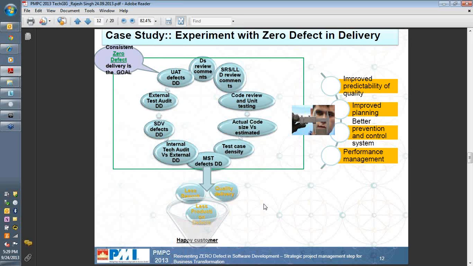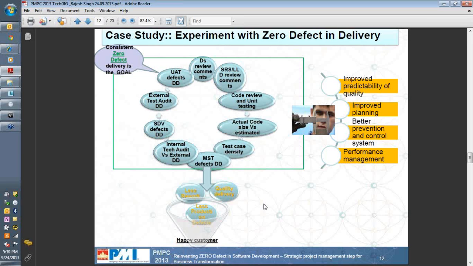The principle over here is that I should be able to measure each and every detail of the software development life cycle. If we are able to do it, then the project managers can do a better job in monitoring and control.